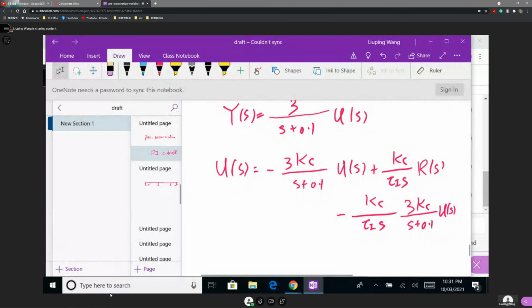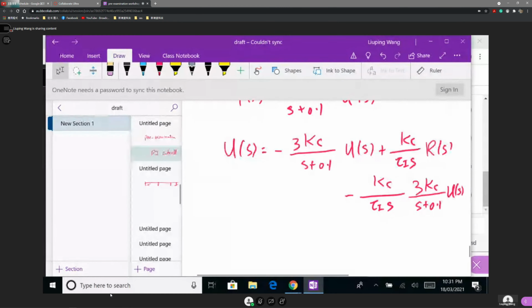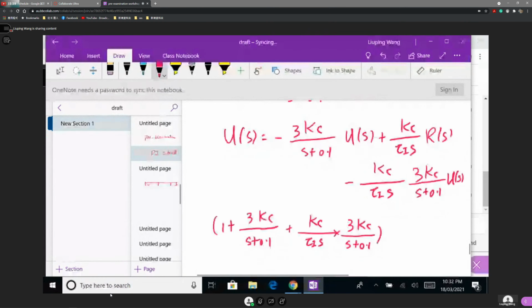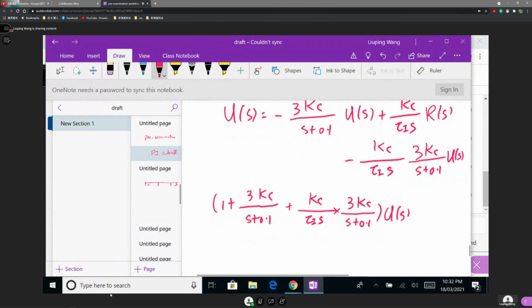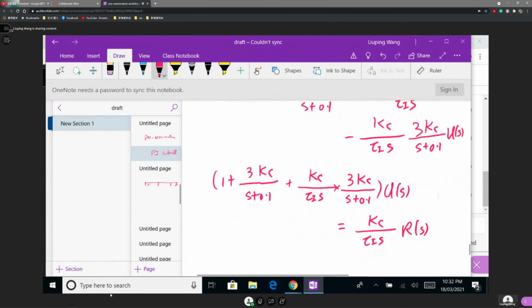So I move these over, right? So you're going to get 1 plus 3 Kc s plus 0.1, and then plus Kc over tau I s times 3 Kc s plus 0.1. Yeah, got that.